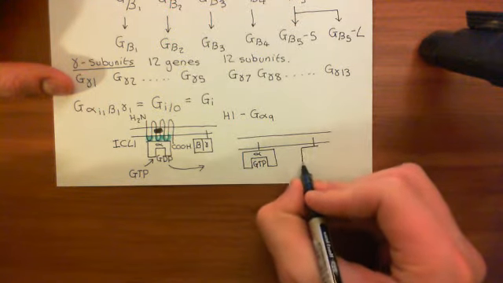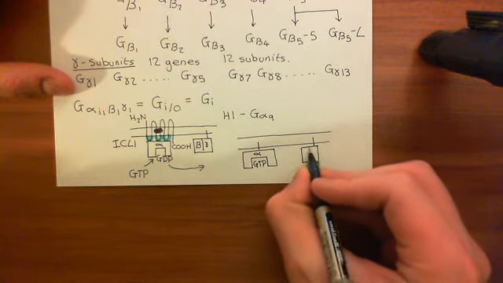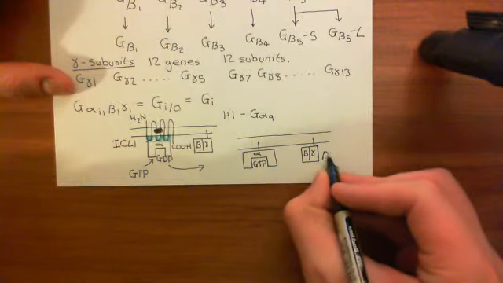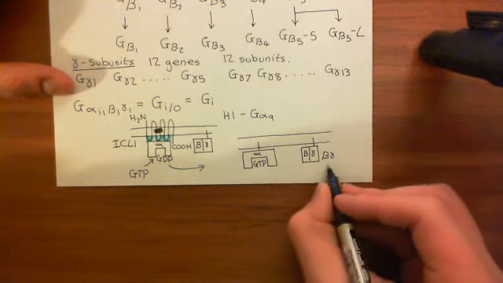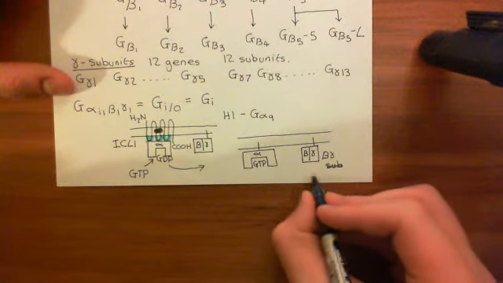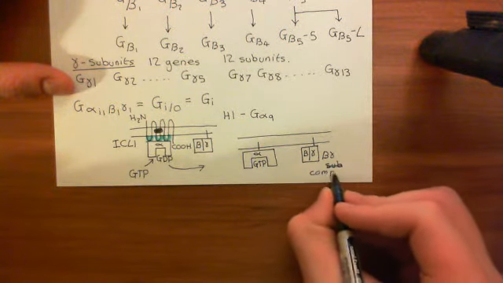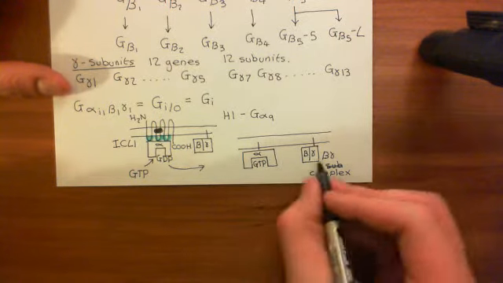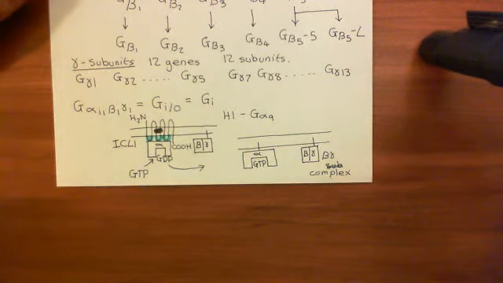Okay, and then you also end up with the beta gamma complex here, which has a beta subunit bound to a gamma subunit here with a prenyl group of the gamma subunit. Okay, so this is the beta gamma, and I think it should be called a complex rather than a subunit.